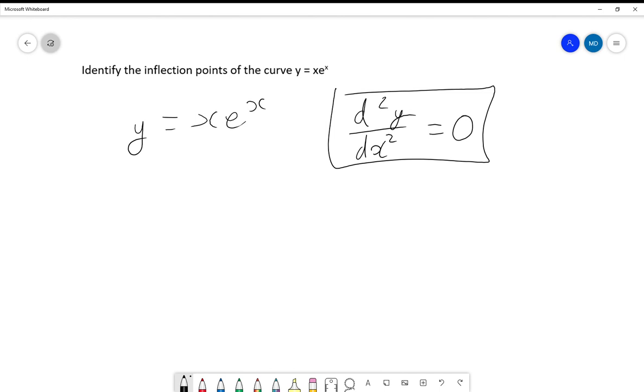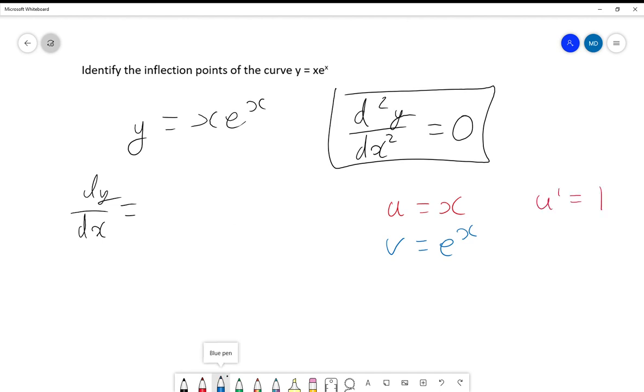So we need to differentiate it once. dy by dx is equal to, well, we need to use the product rule. I'm going to use u equals x, v equals e to the x, and so u dash equals 1 and v dash equals e to the x. And so I'm going to get x e to the x plus 1 e to the x.